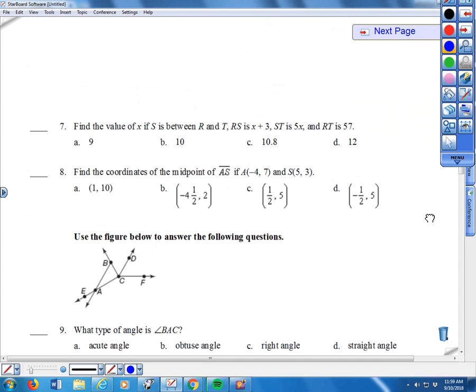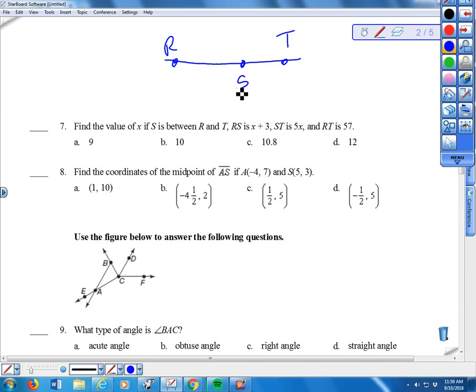Okay, find the value of x if S is between R and T. RS is x plus 3, ST is 5x, and RT is 57. So x plus 3 plus 5x equals 57.